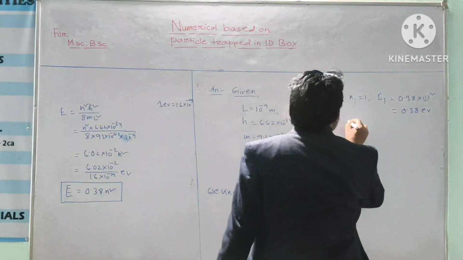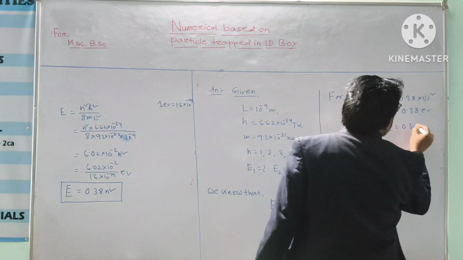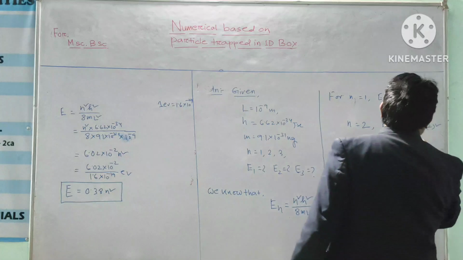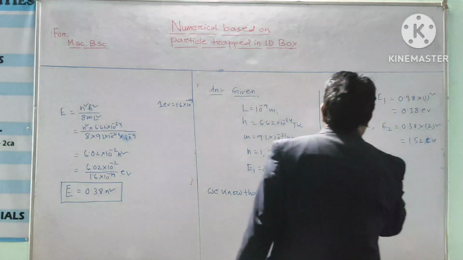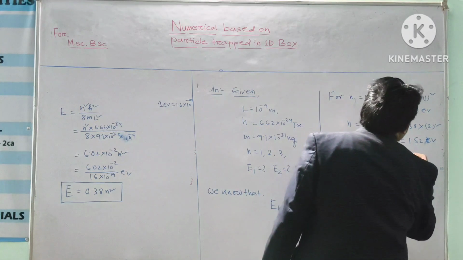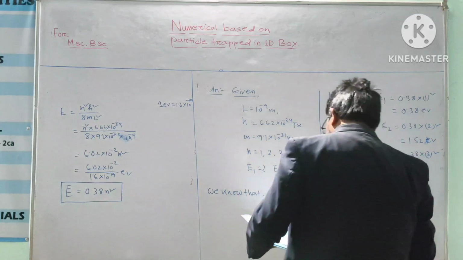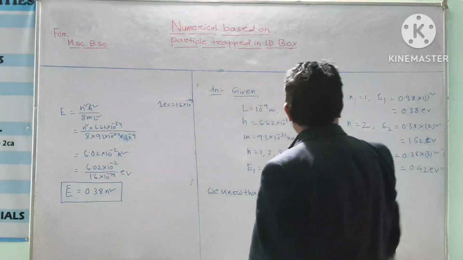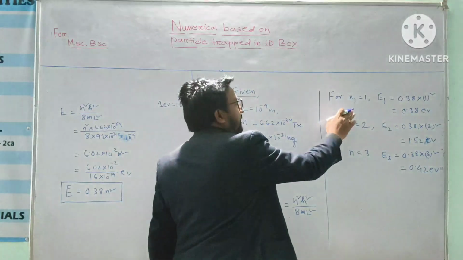Okay, and again n equal 2, then we can write E2 equal 0.38 into 2 square, and this is equal to 1.52 electron volt. And again n equal 3, then we can write E3 equal 0.38 into 3 square, and this is equal to 0.42 electron volt. So this is our corresponding energy E1, E2, E3 for n equal 1, 2, 3.